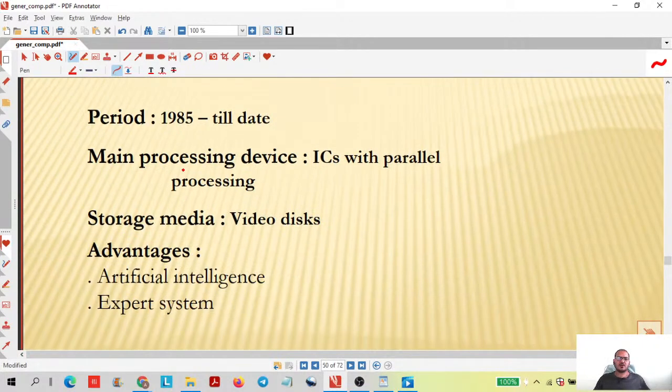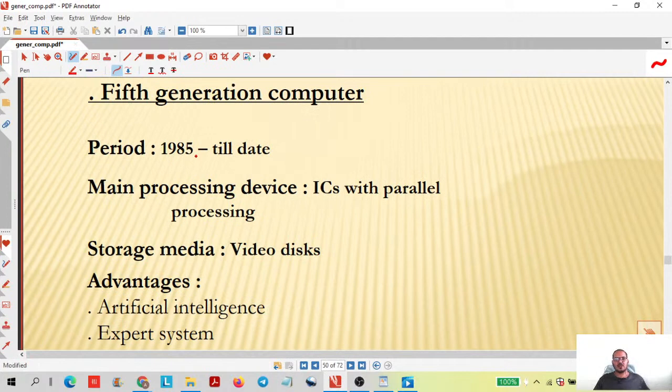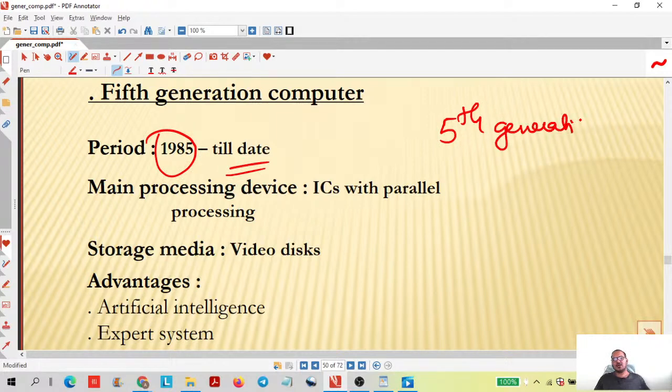Then fifth generation computers, as mentioned, from 1985 till date, come under the fifth generation. On some internet sources they consider even a sixth generation, from 2010 or 15 onwards, but in the textbook it is not mentioned.